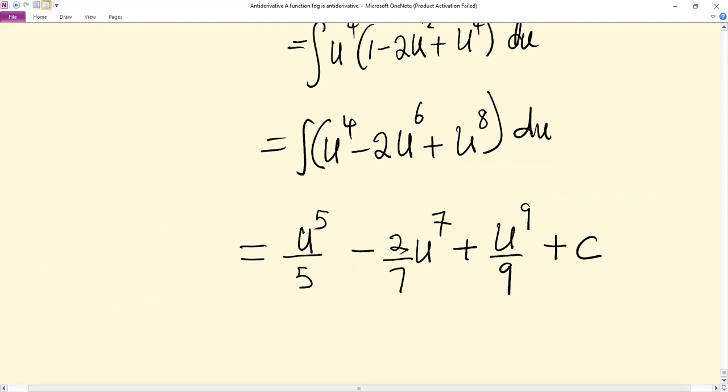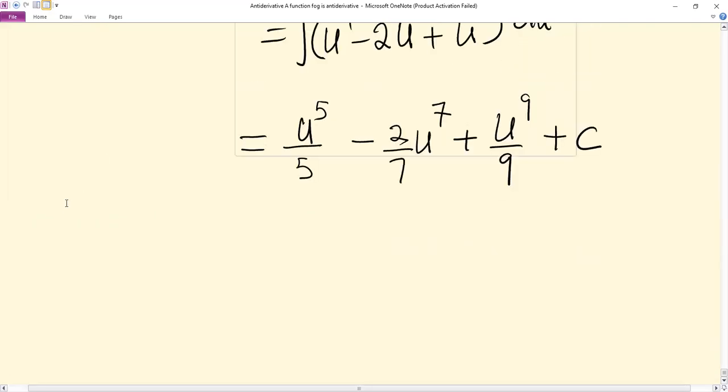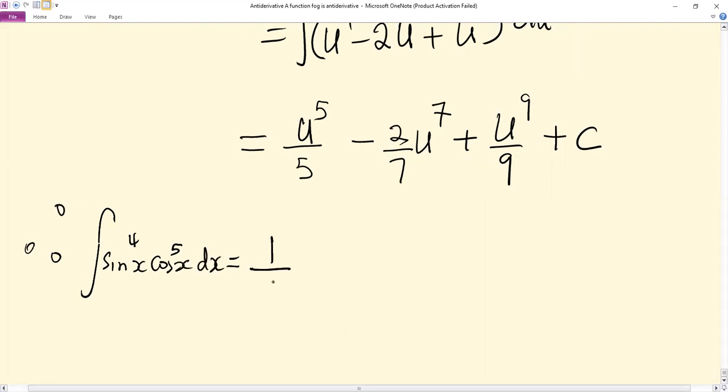So therefore, the given integral, sine power 4x cos power 5x dx, will be 1 over 5.